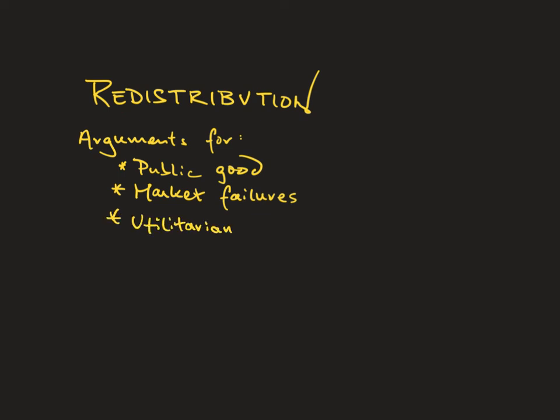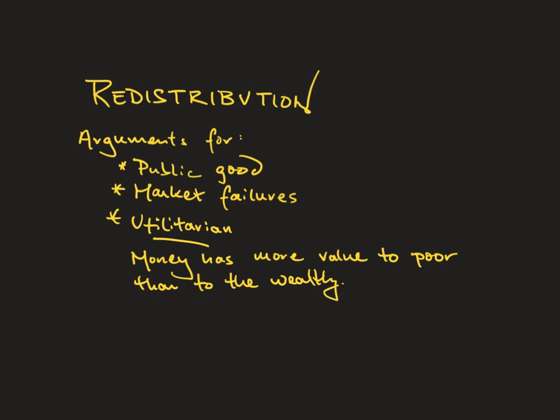A third argument for redistribution is based on a philosophy called utilitarianism. The idea of utilitarianism is that the government should maximize happiness in society. Sometimes that's described as creating the greatest good for the greatest number of people. The utilitarian argument in favor of redistribution is essentially that money has more value to poor people than it does to wealthy.